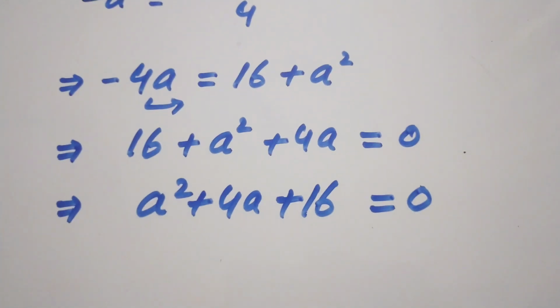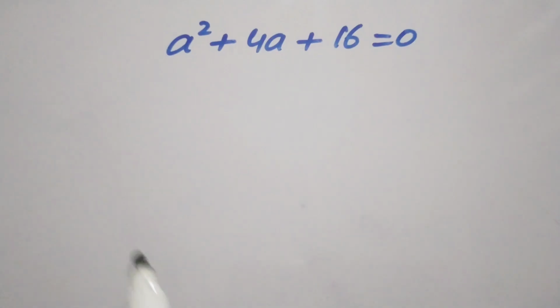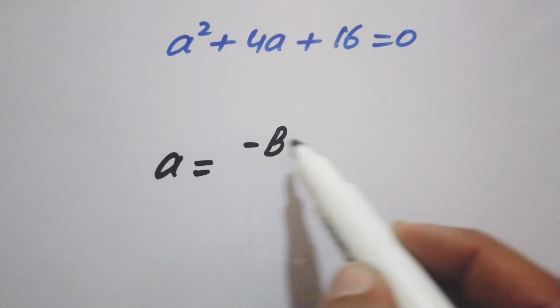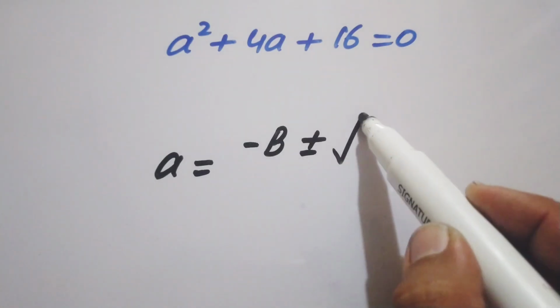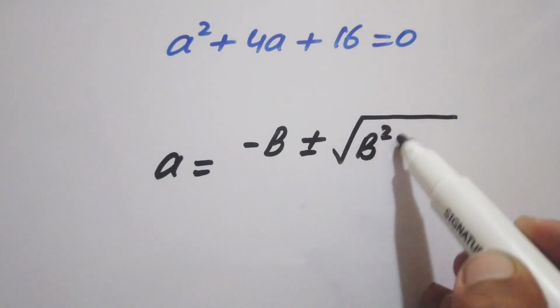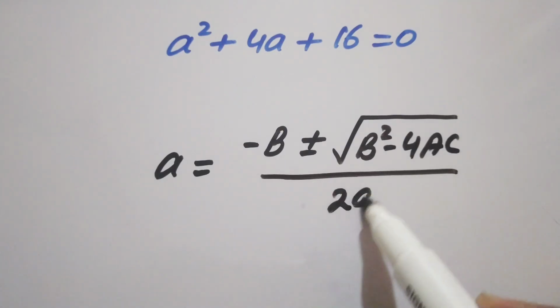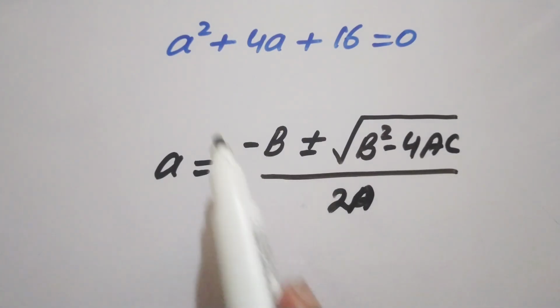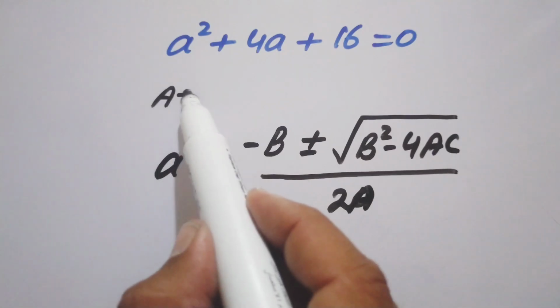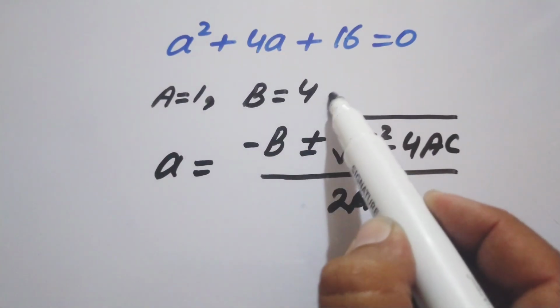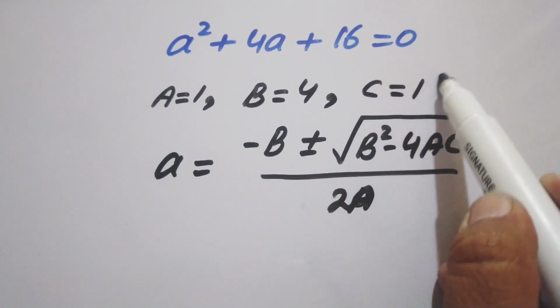Now this is a quadratic equation. So here we will apply the quadratic formula. The quadratic formula is a is equal to minus b plus minus square root of b squared minus 4ac, divided by 2a. So here a is equal to 1, b is equal to 4, and c is equal to 16.